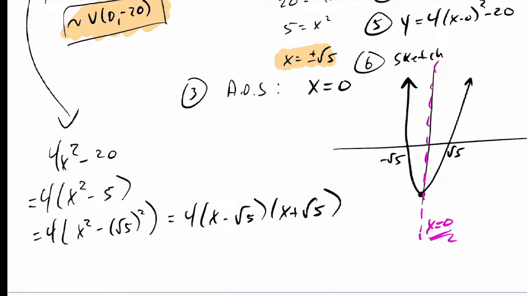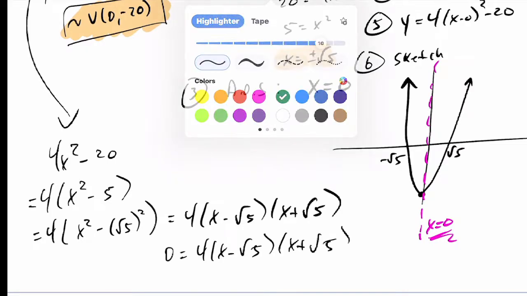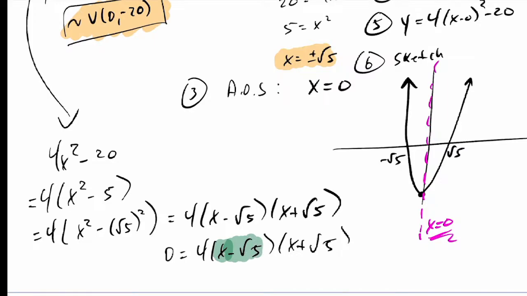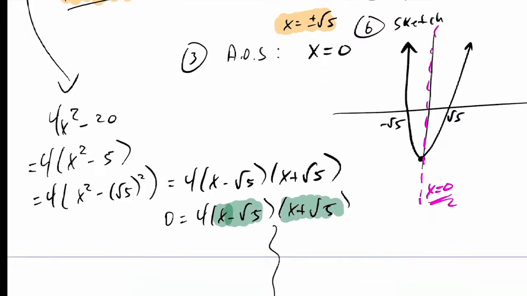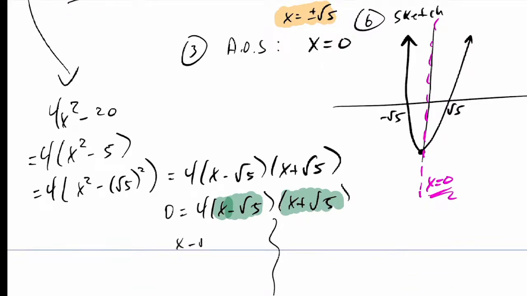Right, and then if I set this equal to 0, this one's maybe a little trickier. So therefore either this is 0 or this is 0. Those are the two options. So x minus the root of 5 is 0, x plus the root of 5 is 0.